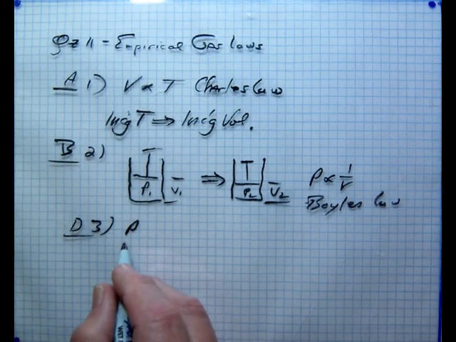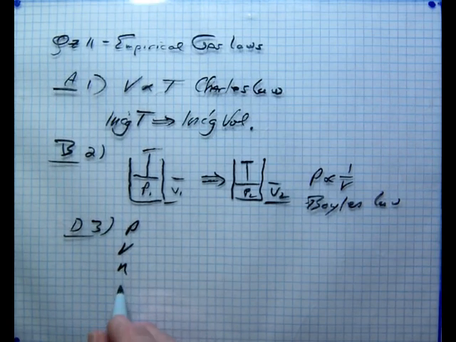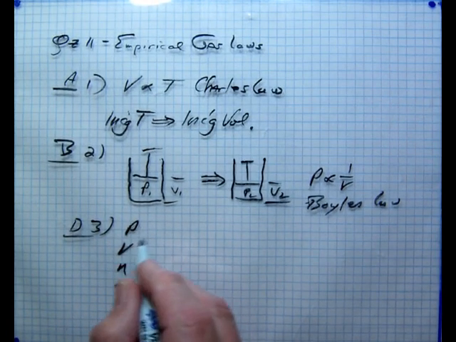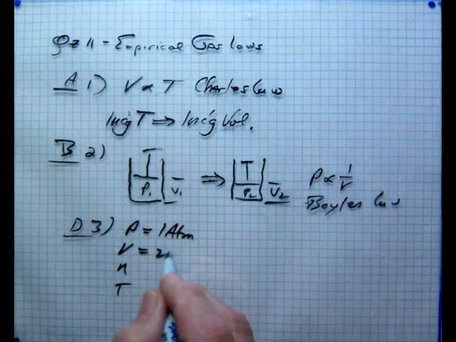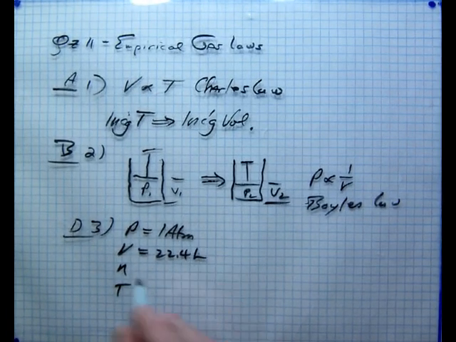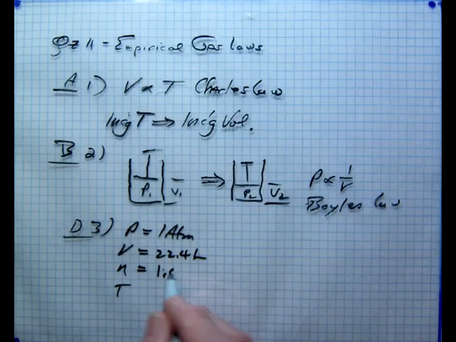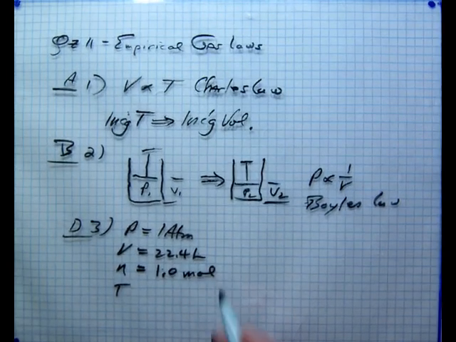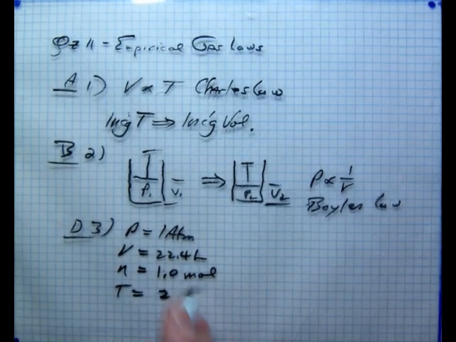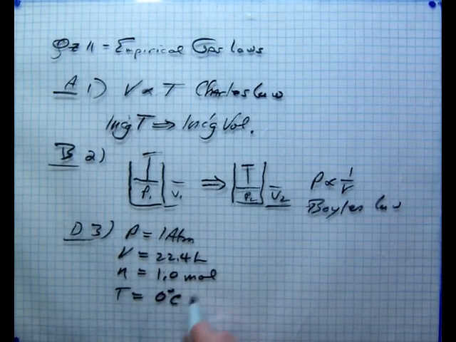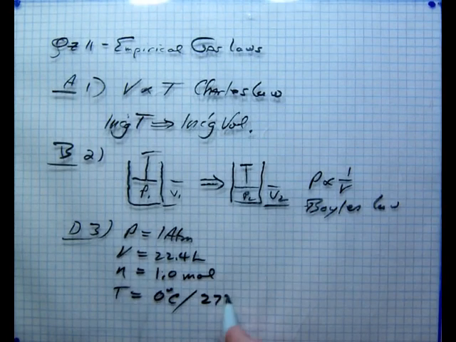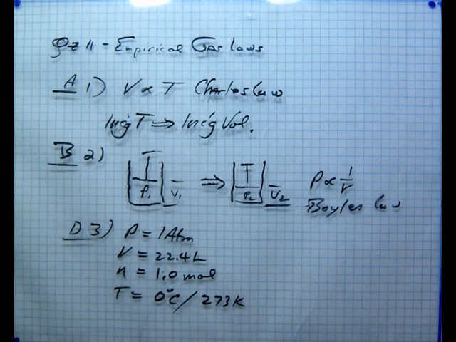Okay, P, V, N, and T at STP values are 1 atmosphere, 22.4 liters if you're working with 1.0 mole, and 0 degrees Celsius or 273 Kelvin.